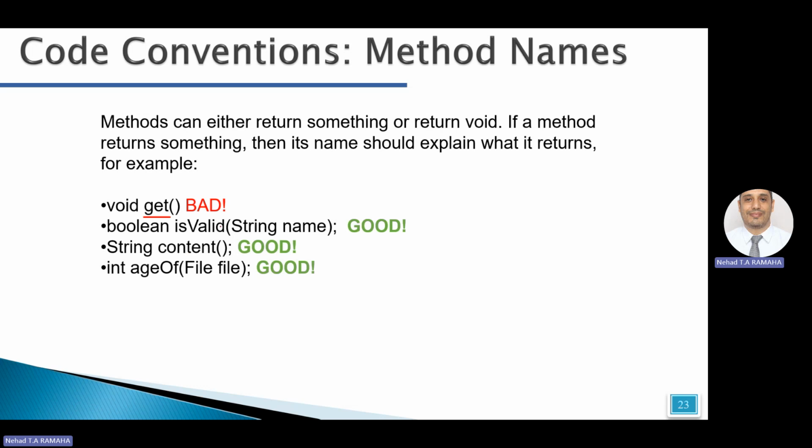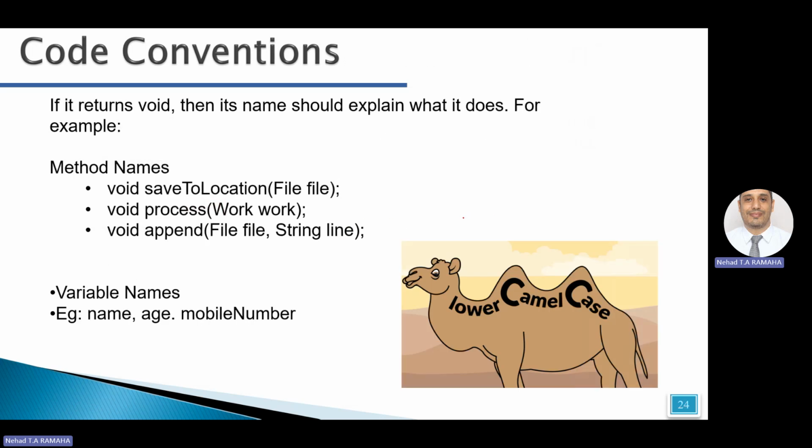We don't know. Okay. It's valid and it has the parameter name, so it's readable. Content, it's okay. Age of, it's okay. So it means a name must have a meaning. You will see something like this in some Java codes.